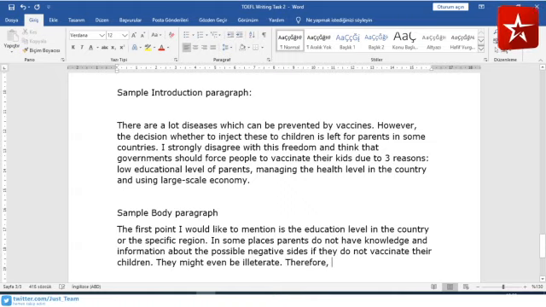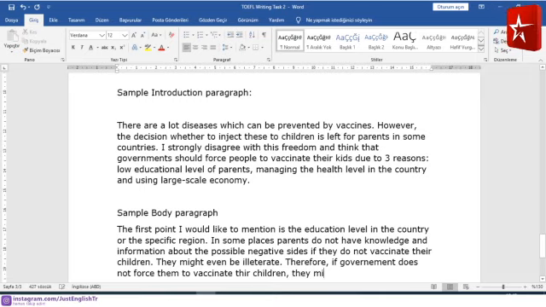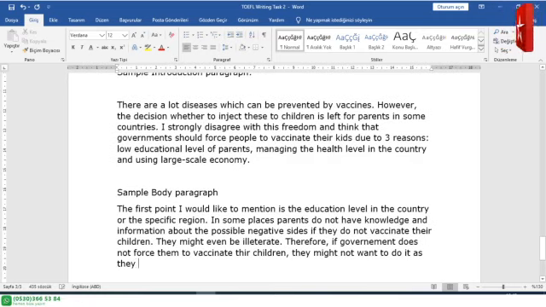Therefore, if government does not force them to vaccinate their children, they might not want to do it by themselves, as they do not think that it is important. Okay. And finally, I need to give an example.